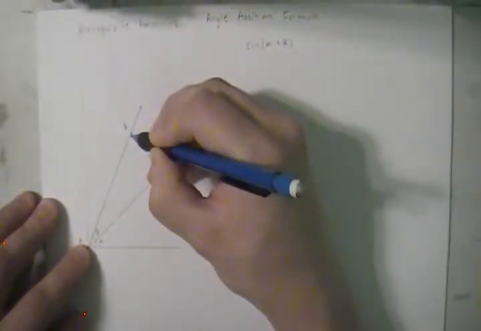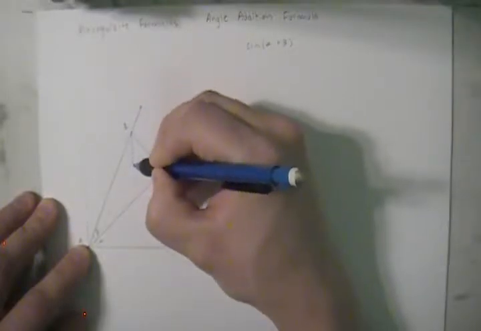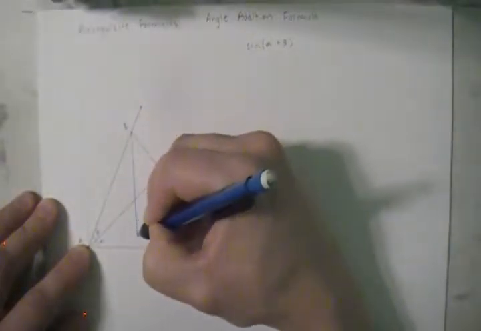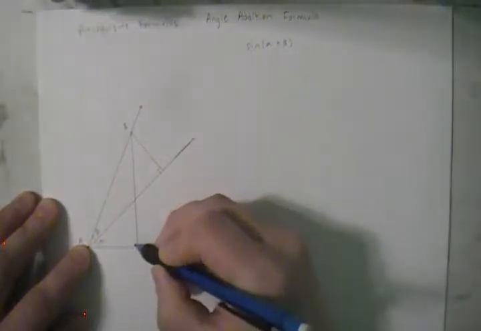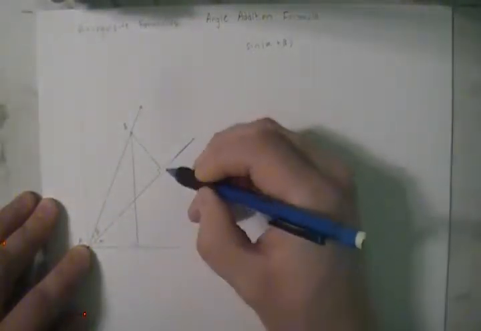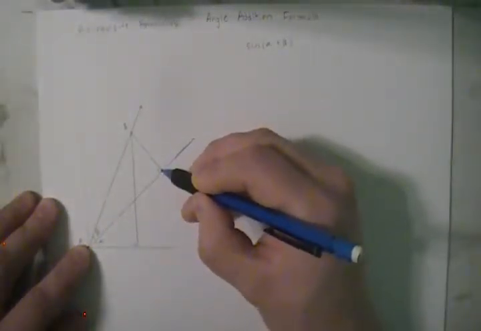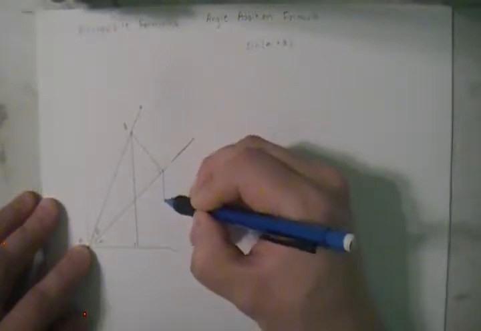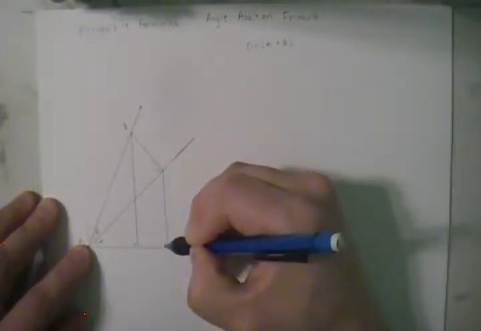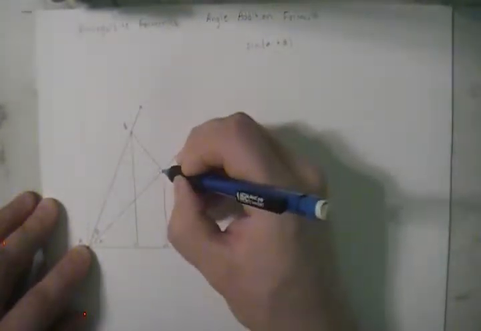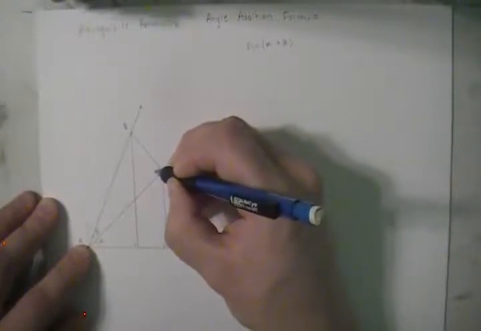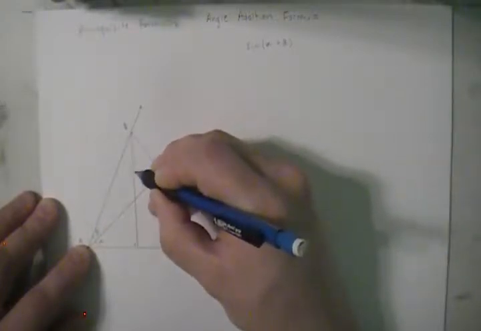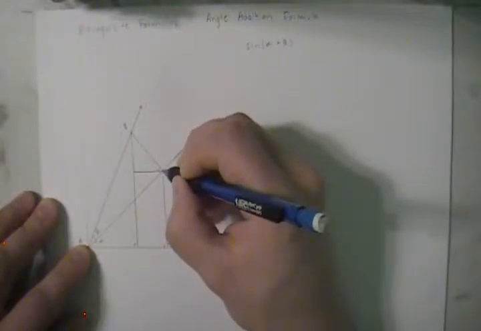And also I'm going to draw another line segment perpendicular to the x-axis from the point B. And then I'll draw a line segment parallel to the x-axis and intersect that from this point here.